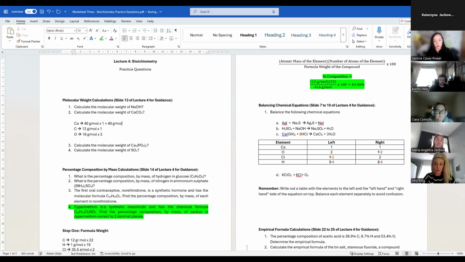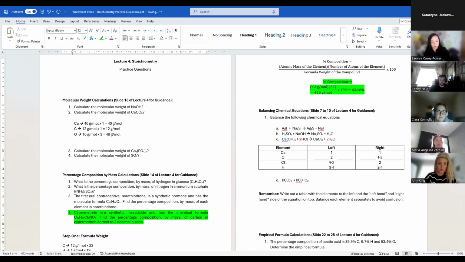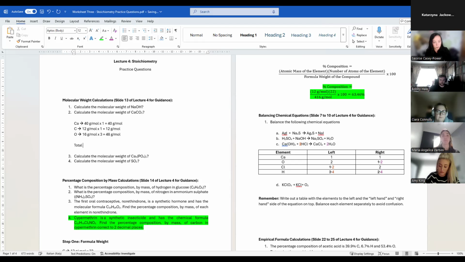So of course that will equal 40 grams per mole in total for my calcium, 12 grams per mole for my carbon, and then 16 by 3 is 48 grams in total for my oxygen. So to get the total molecular weight, all you have to do is add each one of these together.